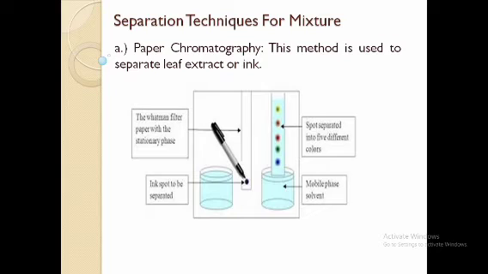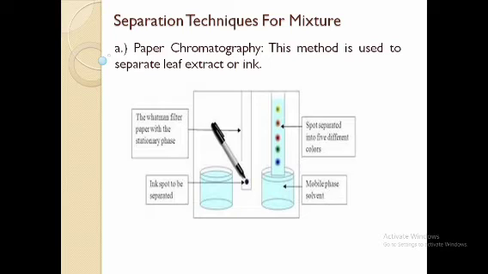The solvent passes through the original ink spot and dissolves different materials in the ink mixture, which are carried by the filter paper and separate out in different colors. Each color is known as a chromatogram.